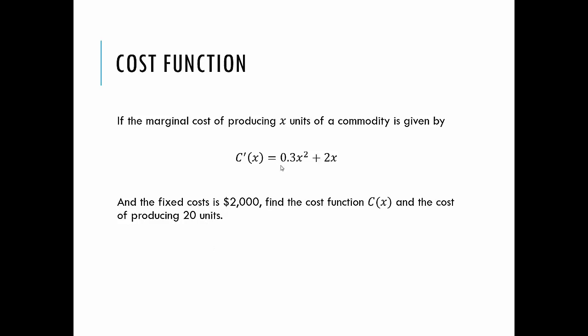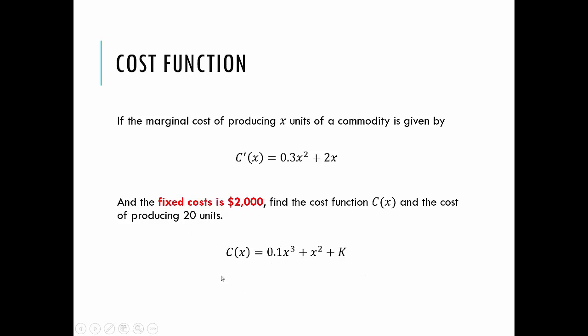So the cost function then is the antiderivative, and I find that by my power rule. So I get my antiderivative plus a constant. Now I just used K instead of C because I didn't want you to get confused with cost. Well, they tell me what fixed costs are. The fixed cost is 2,000.